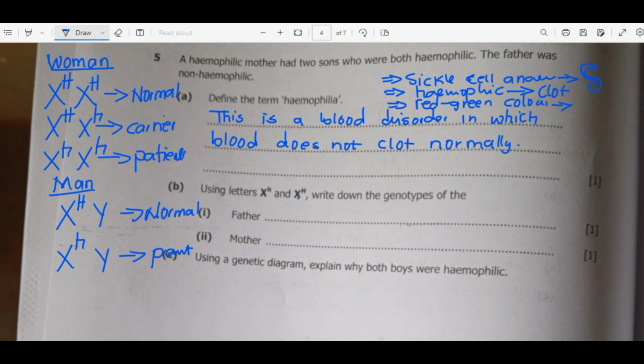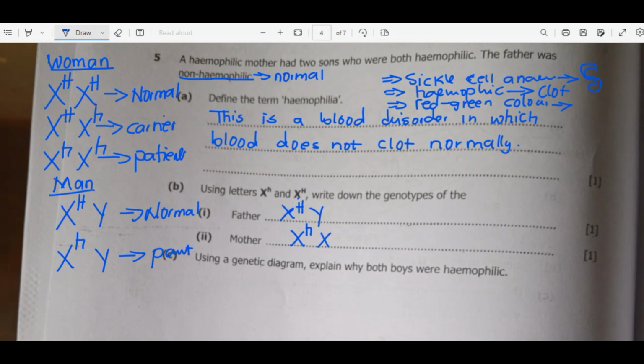Now we can go back to the first statement. We are told the father was non-hemophilic, so it means the father was 100% normal, so there was no condition. So the genotype for a father who is okay is this one. Then for the mother, we are told she was hemophiliac, so this mother was sick, so we need to use small letters.